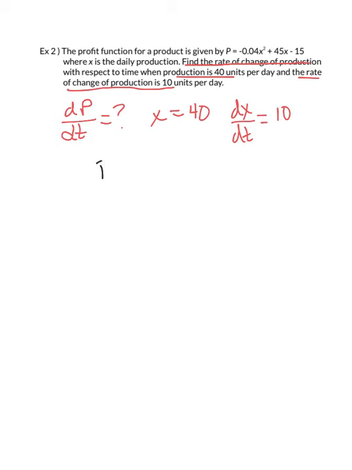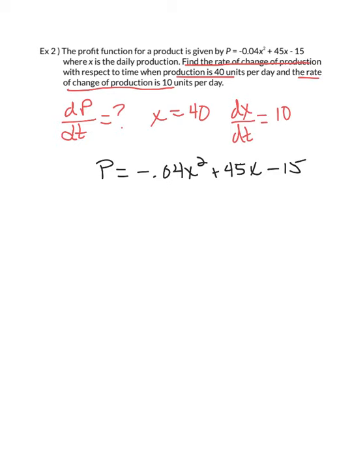So our function being p equals negative 0.04x squared plus 45x minus 15, we need to do the derivative of this function.